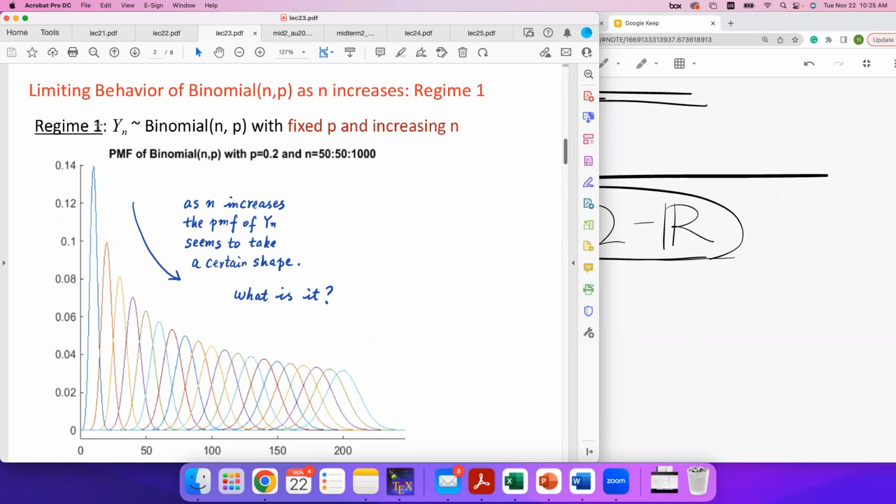We are looking at the first case where we fix p, the success rate for each experiment. In this numerical example, we fix p to be 20%, and we increase n from 50 to 1,000. And these are the PMFs of this binomial distribution Yn.